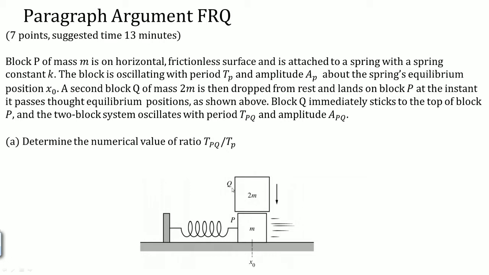Once the second block is introduced, which is T_PQ, the period changes. So the first part is just to ask you to determine the numerical value of the ratio of the period when both blocks are together, T_PQ divided by T_P, which is the period of just the bottom block alone.